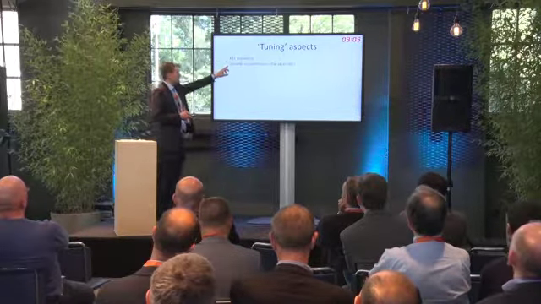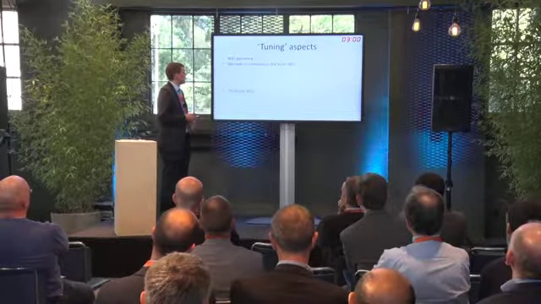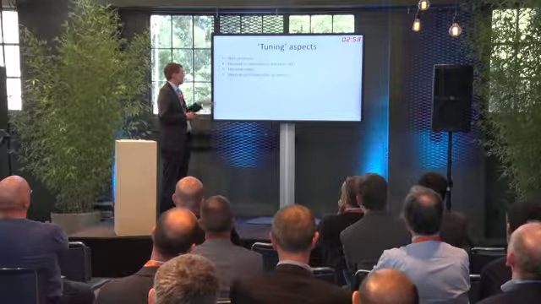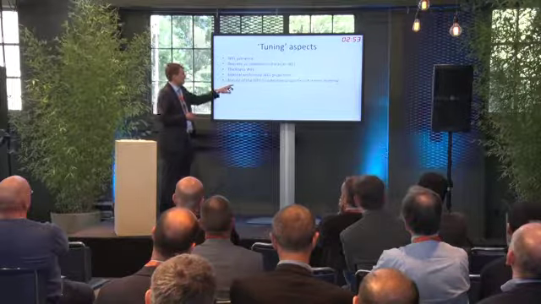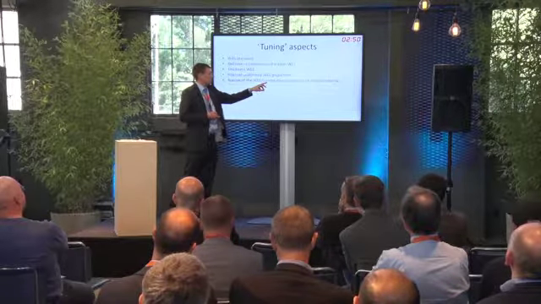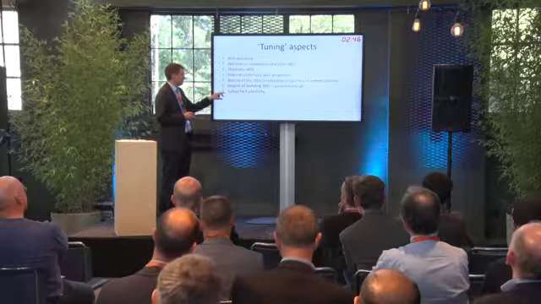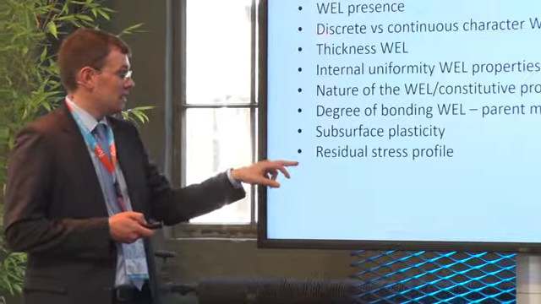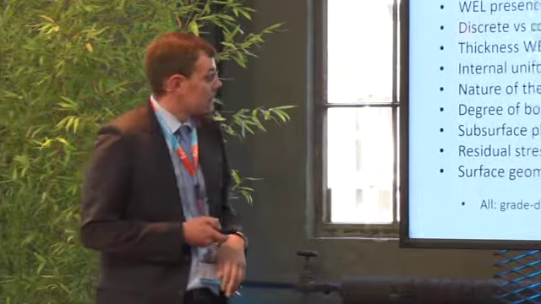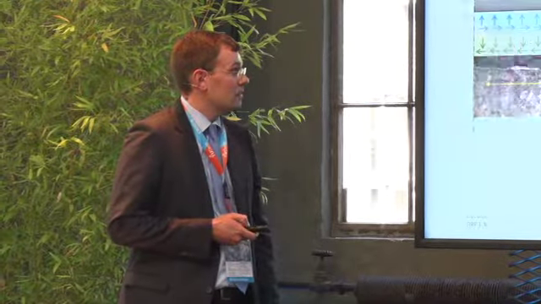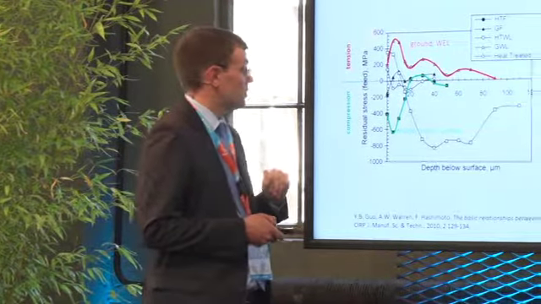There's the presence of a white etching layer, the discrete versus the continuous character of such a layer, the thickness of the layer, the internal uniformity of the properties of such a layer, the nature of the white etching layer and the constitutive properties in relation to the parent material, the degree of bonding between both, the presence of subsurface plasticity, the residual stress profile, and the surface geometry. And all of them are grade dependent.